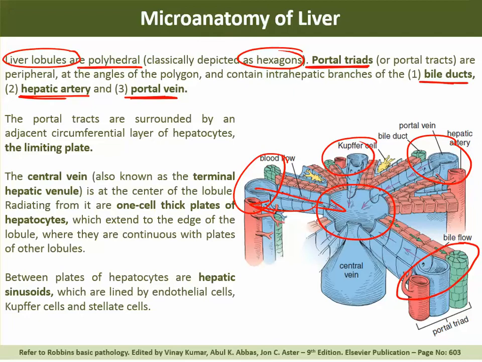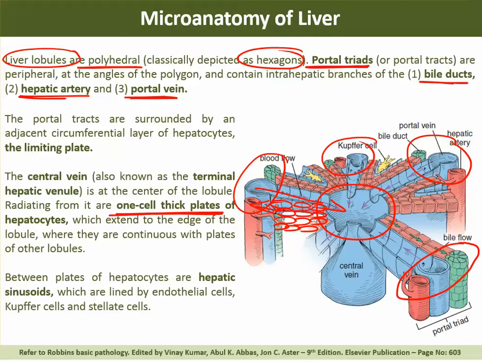So this is the vascular architecture and the intrahepatic bile duct architecture. Now the hepatocytes are arranged in between as plates, a single layer of cells, which means one cell layer thickness.